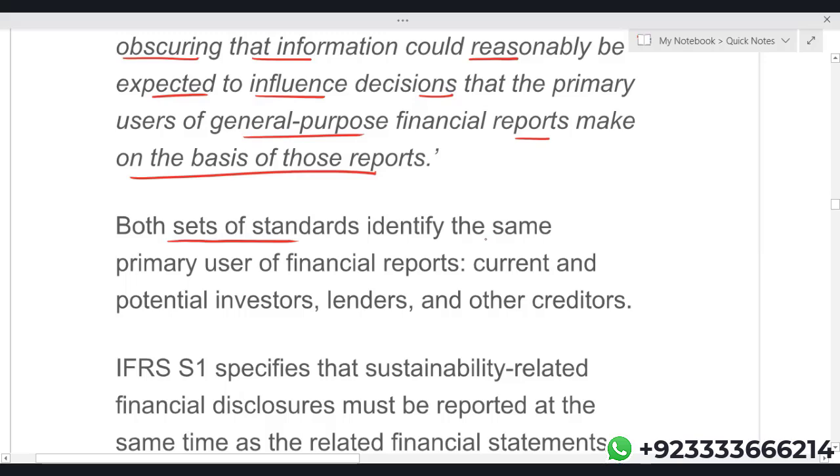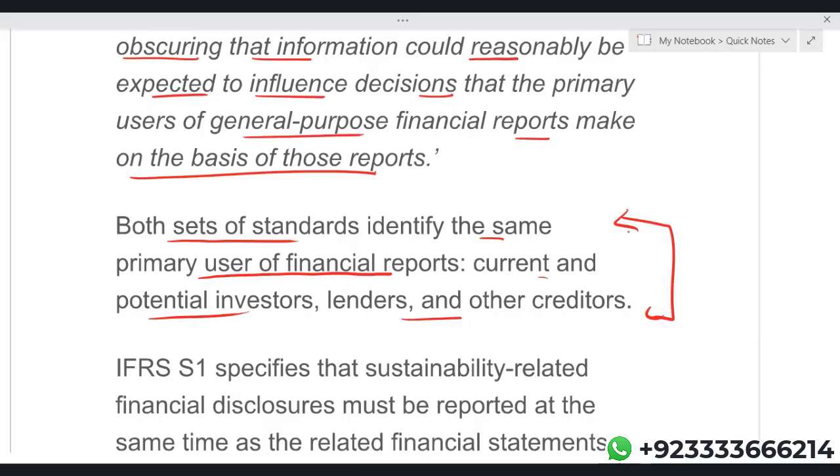Both sets of standards identify the same primary users of financial reports: current and potential investors, lenders, and other creditors, and this is very important. If there's a 2-mark question on what is the same in other standards and in sustainability standards, then obviously the information has to be relevant and faithful, and there should be comparability, verifiability, timeliness, understandability.